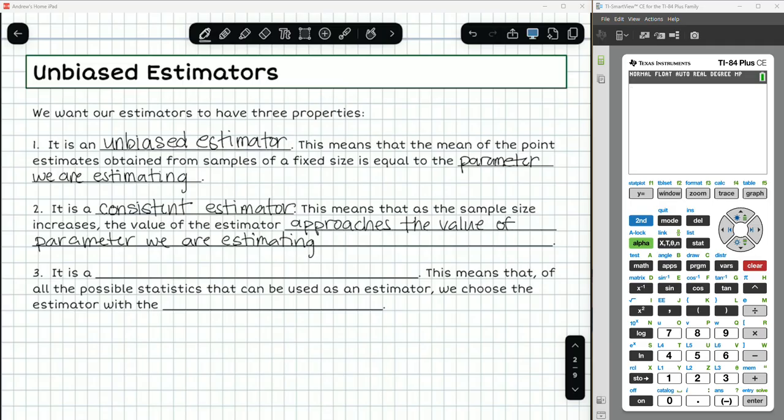The last is that we want it to be a relatively efficient estimator. What that means is that of all of the possible statistics that we could use to estimate our unknown population value, we choose the estimator with the smallest variance.